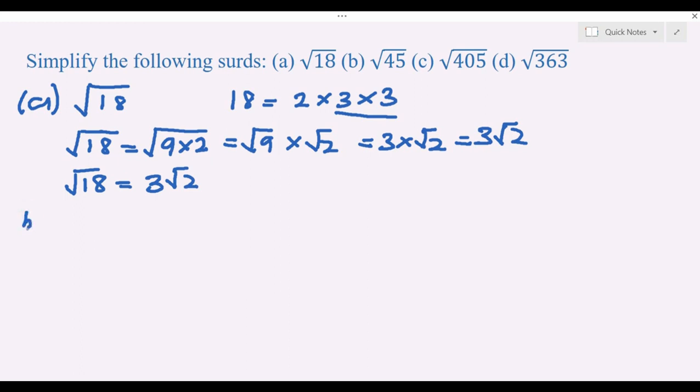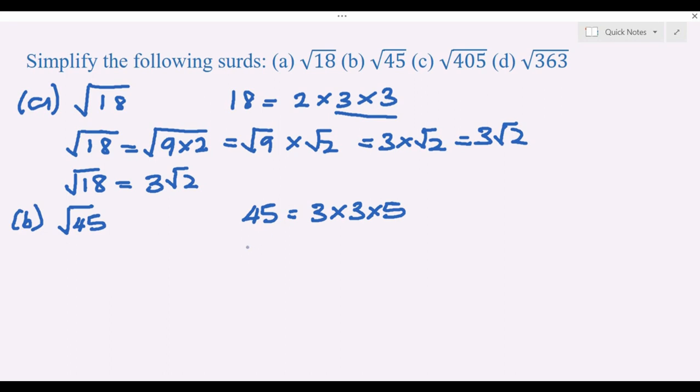For b, root 45. We have to break our 45 into prime factors. That is just the key. 45 is the same thing as 3 times 3 times 5.